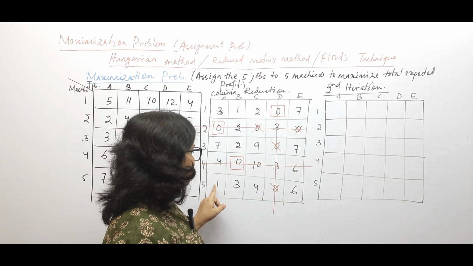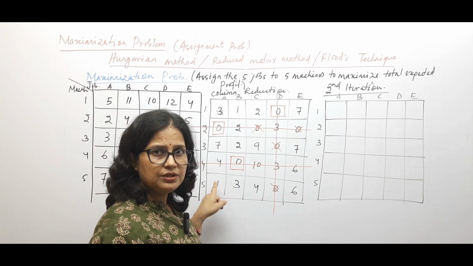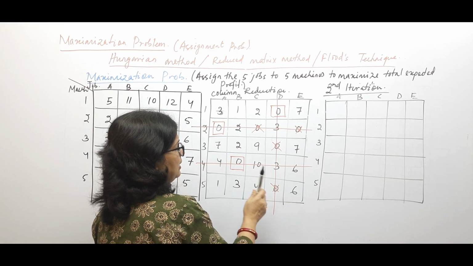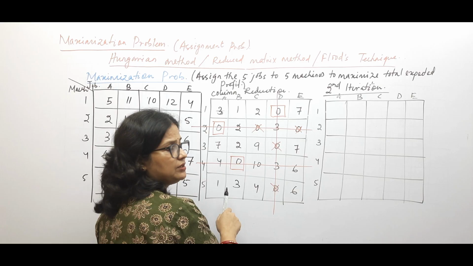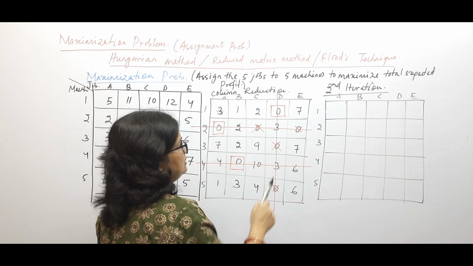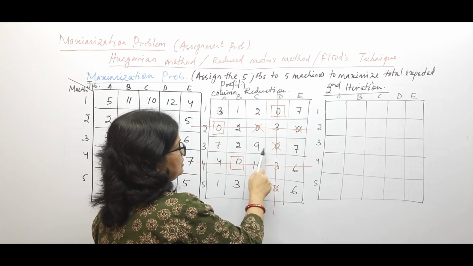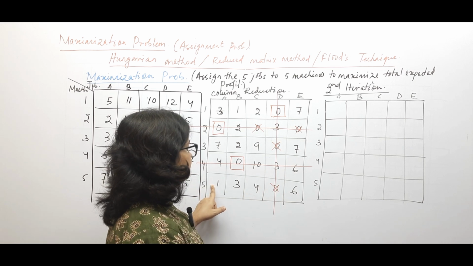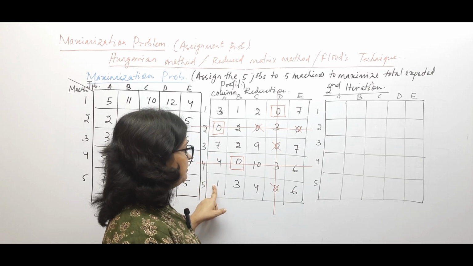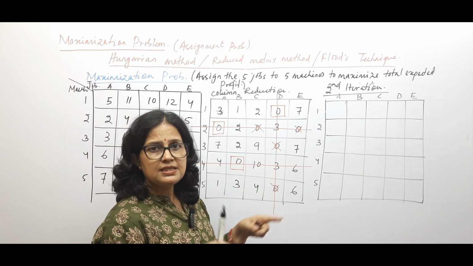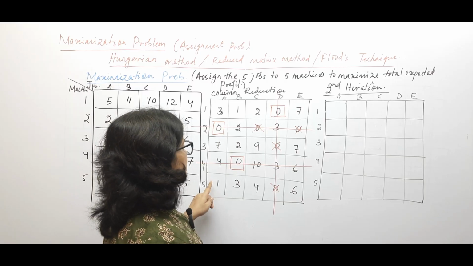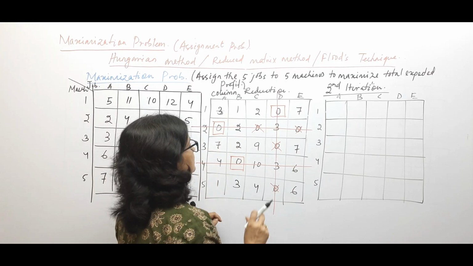We need to find the least or minimum value for the uncovered cells, then subtract that value from each cell which is not covered by the line, and add that value where there is an intersection between the lines. Let us do that. Here the minimum value is 1.